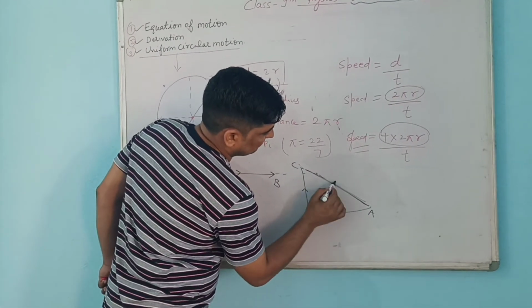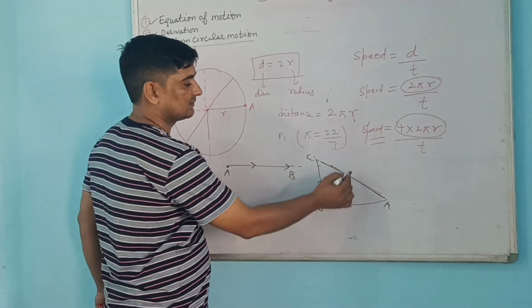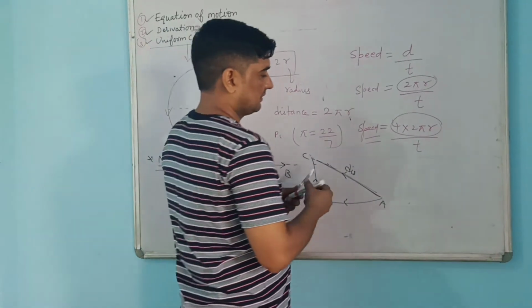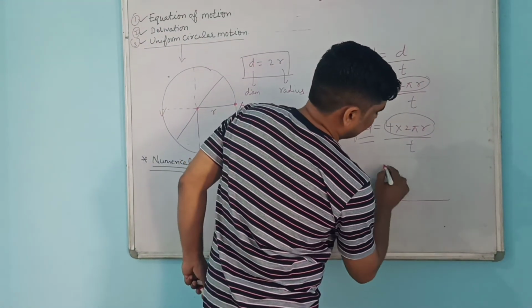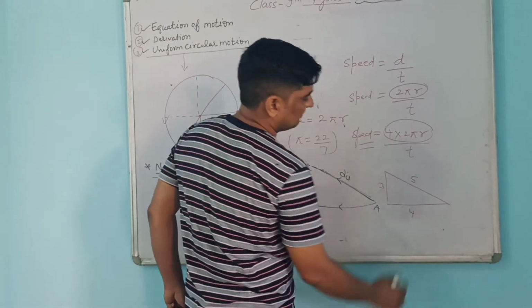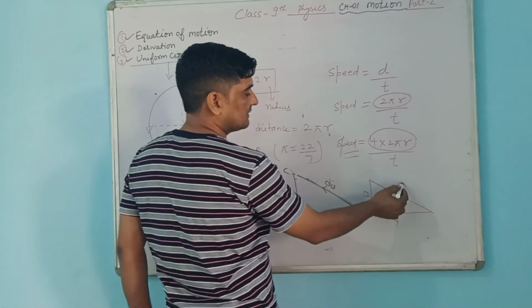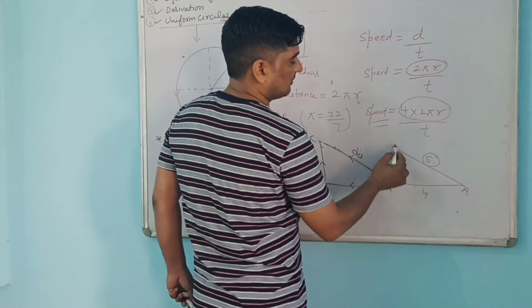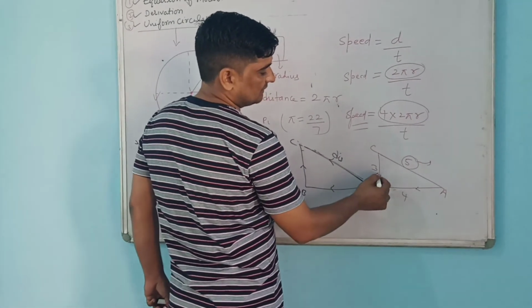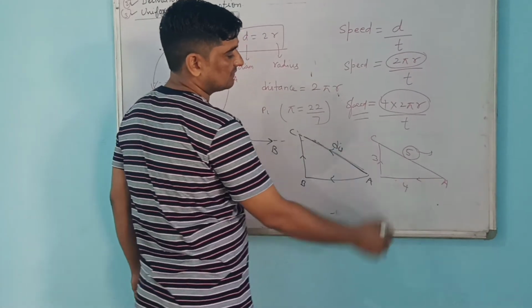The shortcut or the shortest length, that we call displacement. See, there you can find many applications. If I am taking 3, this is 3, this is 4, so obviously it is 5 by Pythagoras theorem. So 5 is the displacement possible if I want to go from A to C. But if there is no way, this is the length of the actual path, so 7 km is my distance.